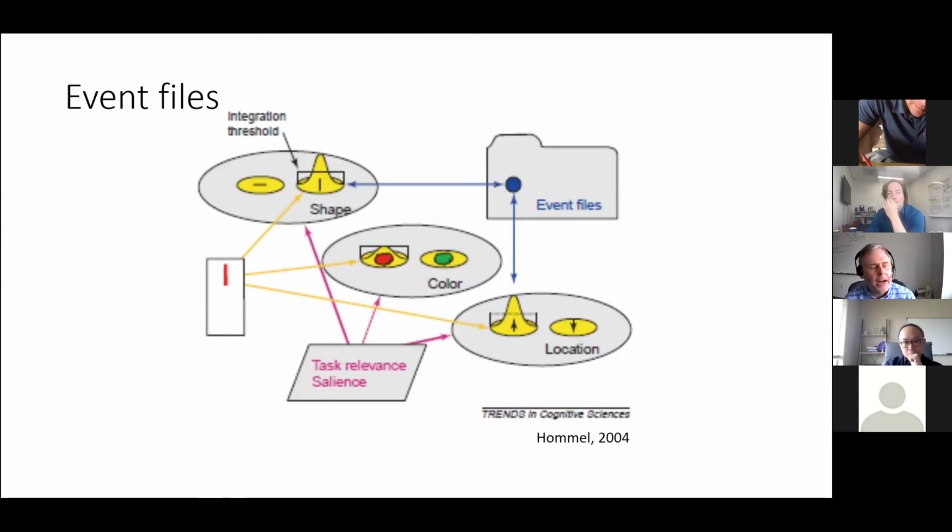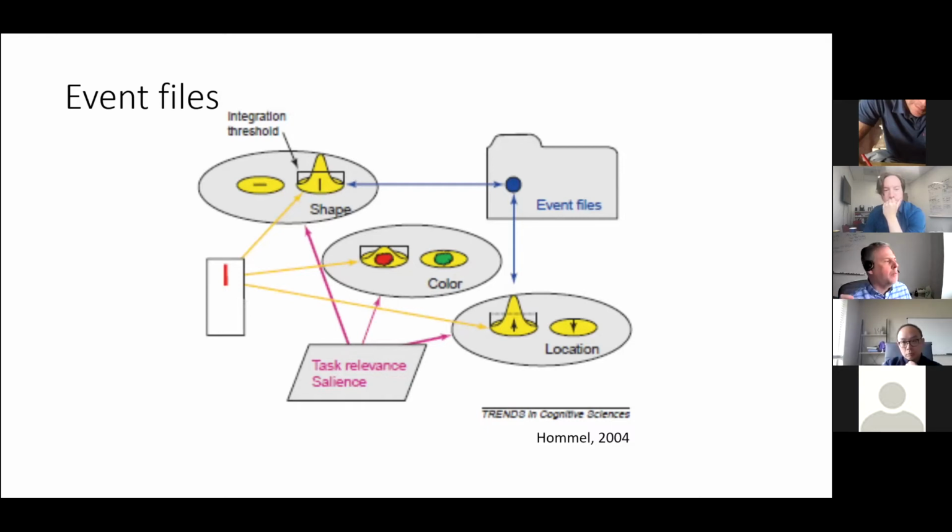And here the idea of binding really built on, and it continues to be built on, Danny Kahneman's object files idea. Danny Kahneman was talking about how perception was about building objects, which were integrated collections of features. Bernhard Hommel took this point and made some important changes.